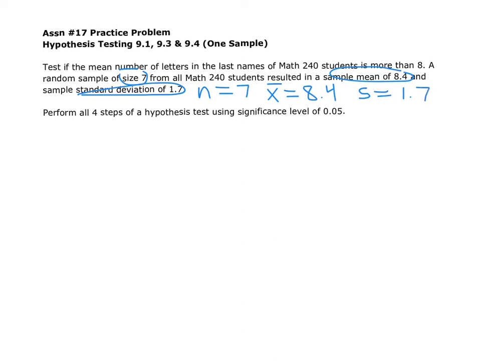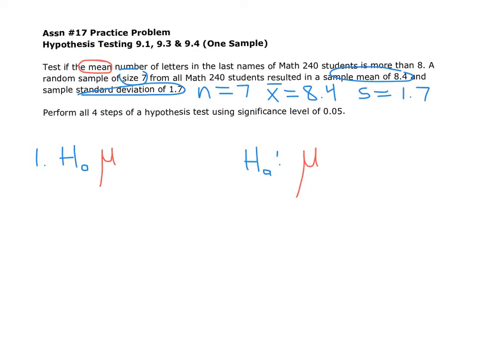Okay, now our first step is to write down the hypotheses. So we know we want the null hypothesis and the alternate hypothesis. We want to identify which parameter this is a test about. Well, we are given that it is a test of the mean number of letters. So we put in the parameter mu, and that's going to go in both of the hypotheses.